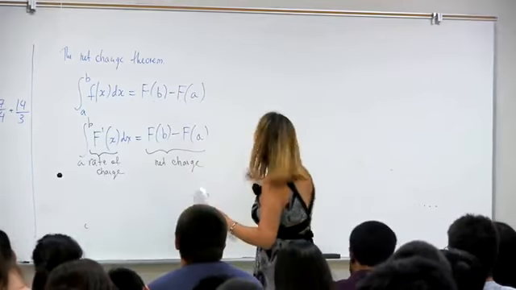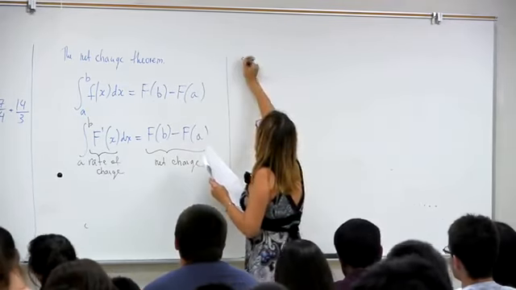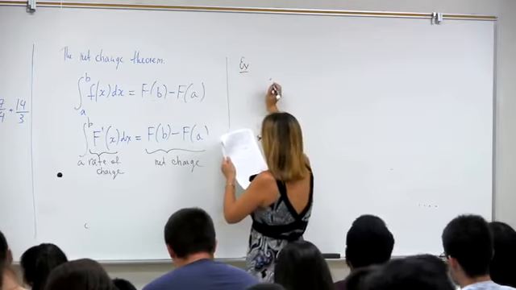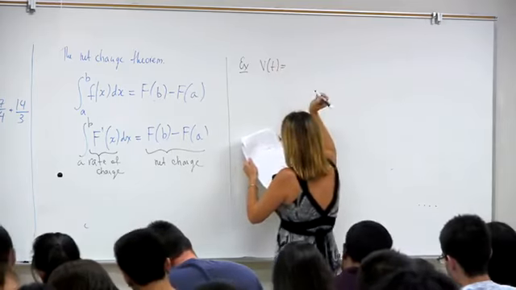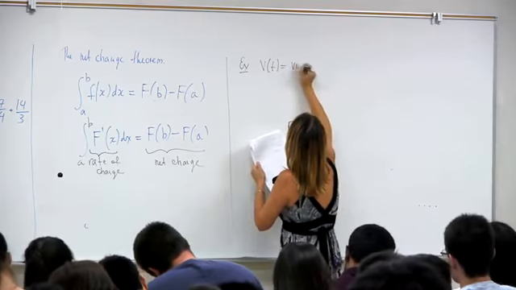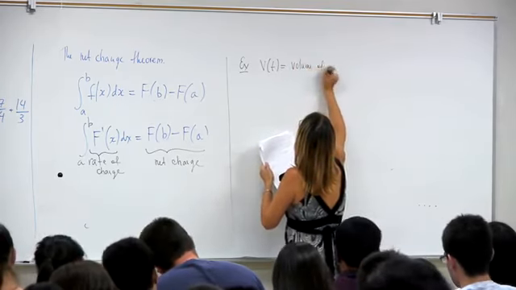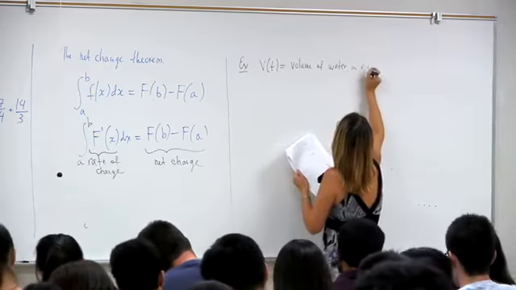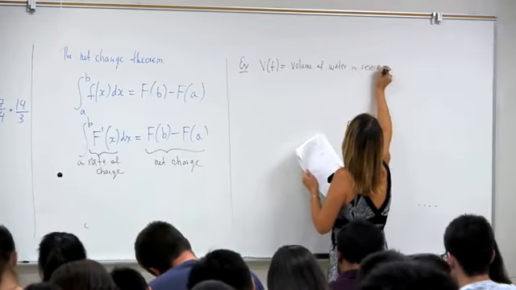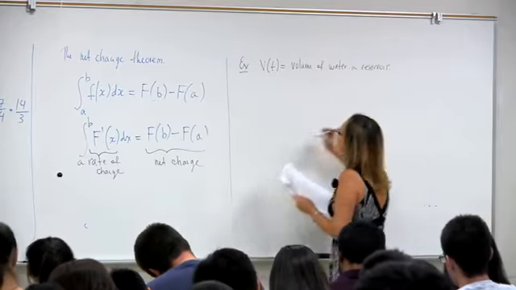So, example. Let's suppose that I have a quantity V of t, the volume of water in a reservoir.